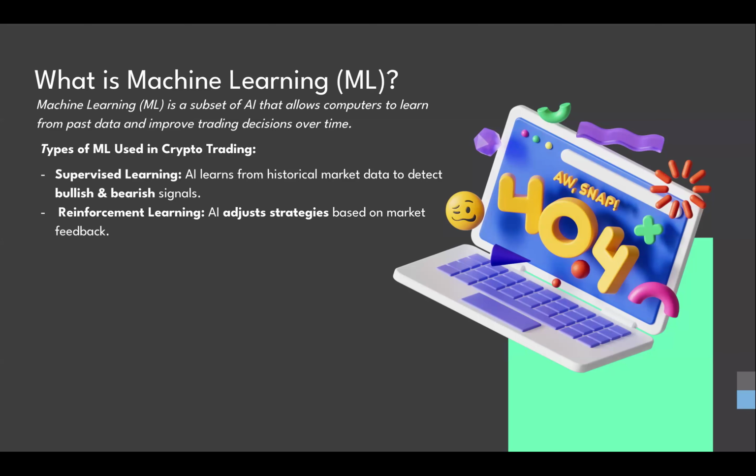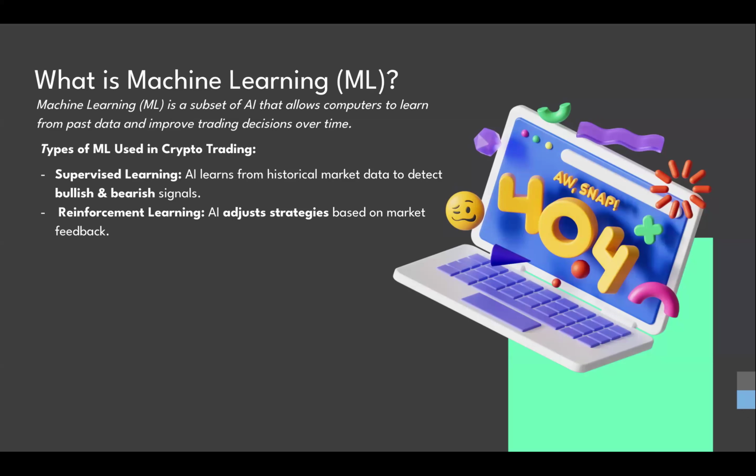One other type of machine learning is reinforcement learning. Reinforcement learning is a kind of machine learning that learns by itself, but relies on you to give it feedback by rewarding it.